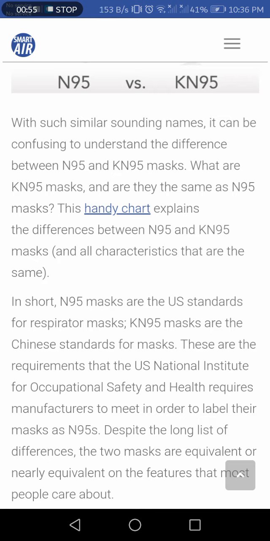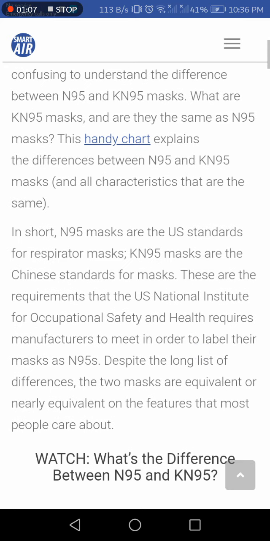These are the requirements that the US National Institute for Occupational Safety and Health requires manufacturers to meet in order to label their masks as N95s. Despite the long list of differences, the two masks are equivalent or nearly equivalent on the features that most people care about.